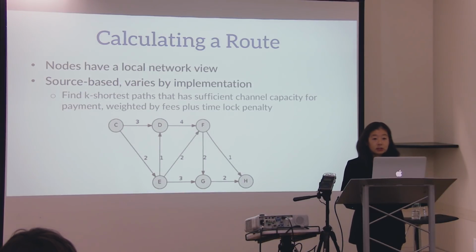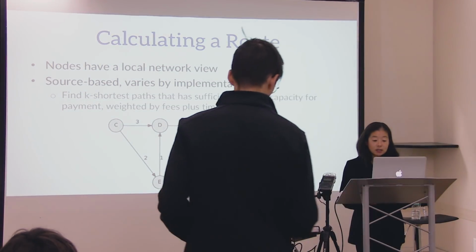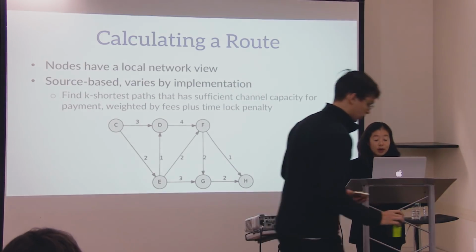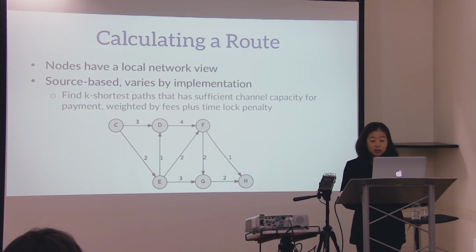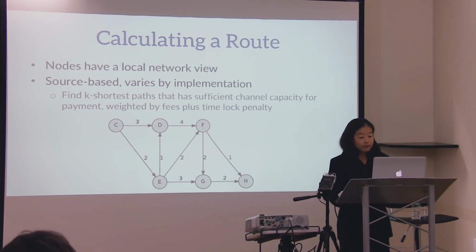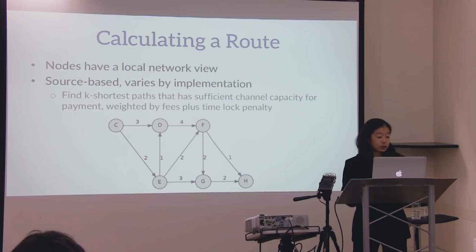This makes routing more flexible, and it's there to keep transactions private and give participants anonymity. Every node in the network has its local network view, and from there it has to figure out some number of best paths to try.